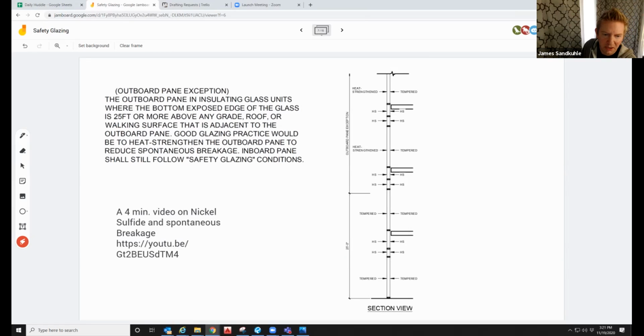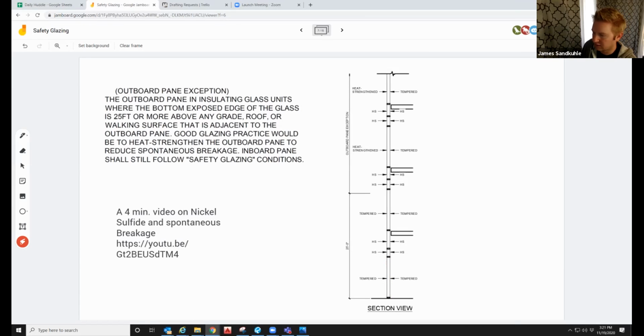So what this 25-foot outboard pane exception means. When you safety glaze glass, we're tempering both inboard and outboard panes typically, right? So this is a section view. From the earlier exercise, assume this horizontal height is maybe 7 feet high. So that's a full height piece of glass. That would need to be safety glazed, right?